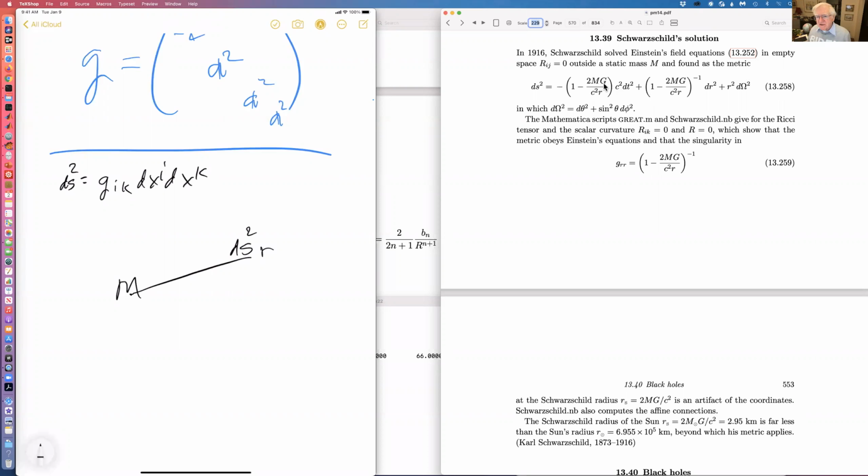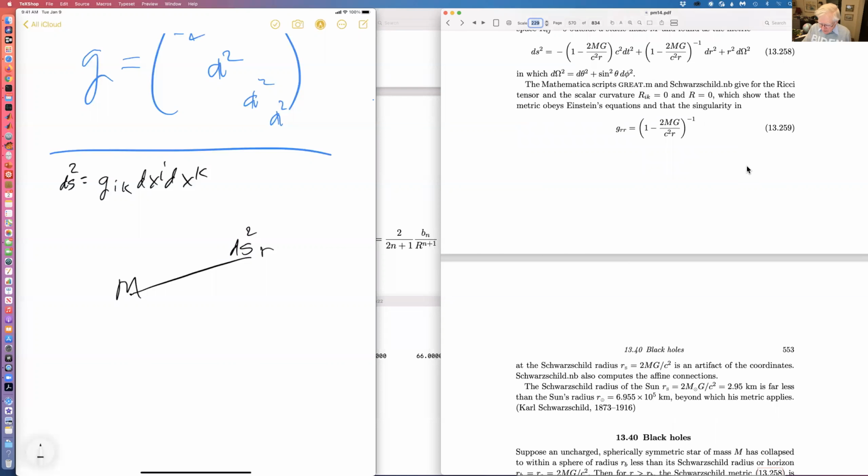And because G is so small, and we're dividing by c squared, and c is so fast, this turns out to be essentially a very tiny correction in general. And the key parameter here is the Schwarzschild radius, which is twice the mass times Newton's constant divided by c squared.